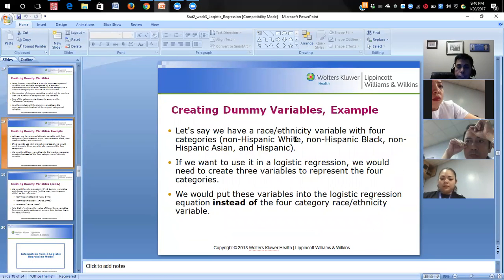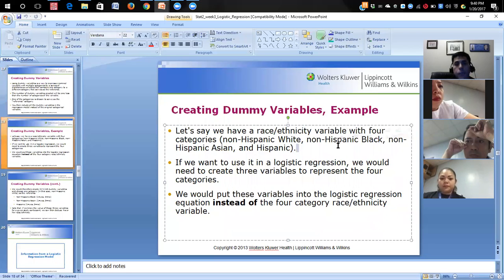Here we have race or ethnicity: non-Hispanic white, non-Hispanic black, non-Hispanic Asian, and Hispanic. So for a logistic regression, we would need to create 3 variables to represent the 4 categories. So it's 4 minus 1, which is 3.